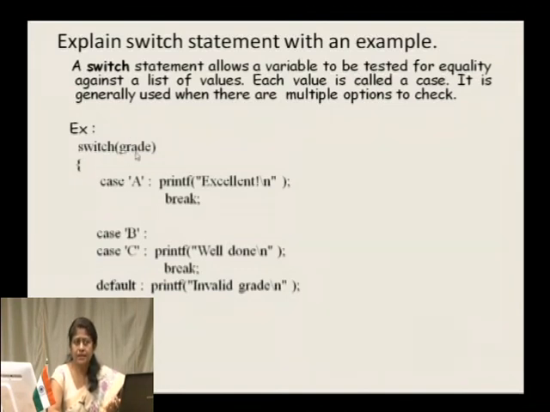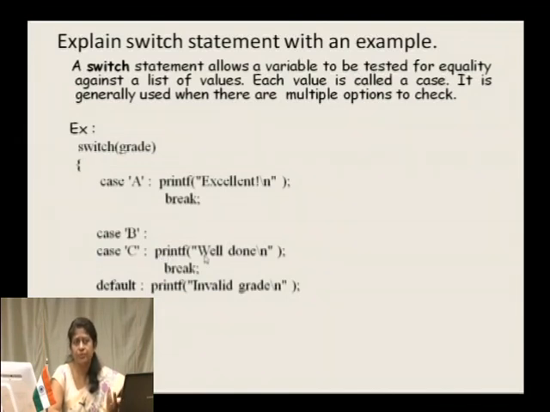Now, suppose grade happens to be B. What happens? It gets into this case, and as this case does not have any statements, there is a null statement, and it also does not have a break statement. Since break is not there, the control will just seep into the next case value, irrespective of what that particular case value is. So, here it is going to execute its respective statement.